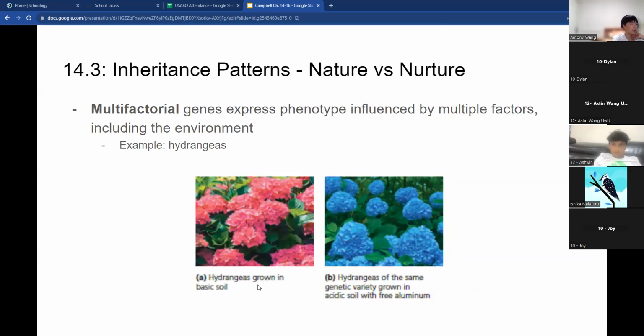If the hydrangeas are grown in basic soil, they'll be red. These kinds of genes are called multifactorial genes, where the gene is affected by multiple factors. Multifactorial, not the math thing, the multiple factors.